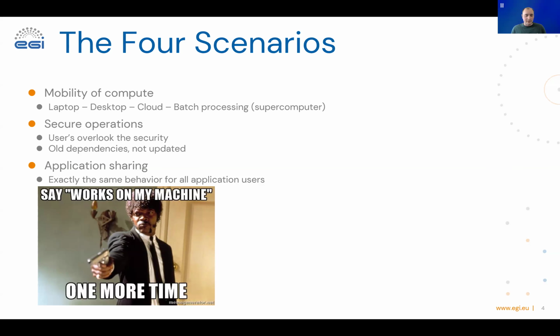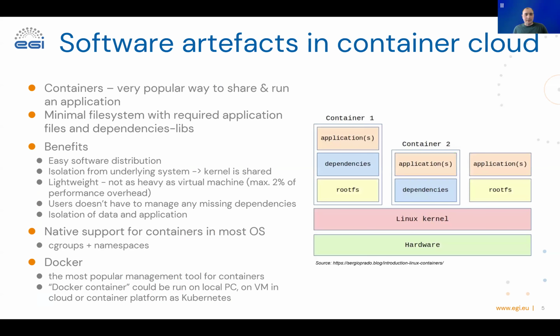So the solution, I think you already know. The underlying solution is containers, basically, and so I will go shortly through some basics of containers, and then we will show how we are supporting containers in the EGI Artefact Registry.